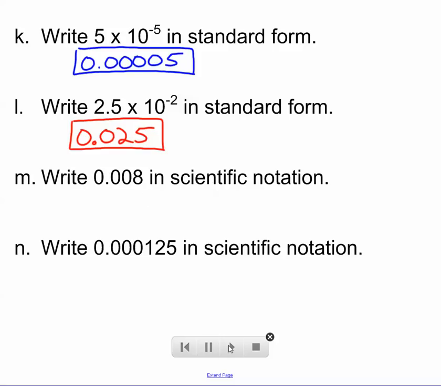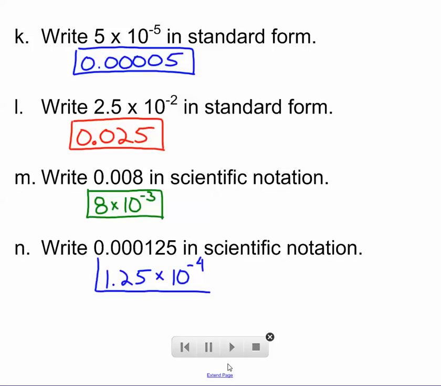That would be 8 times 10 to the negative third, because it would take moving the decimal place 1, 2, 3 spaces to get that 8 to the left of the decimal place. And the last one. Our whole number is going to be 1.25. And how many places would we have to move that? 1, 2, 3, 4. So it's negative 4.